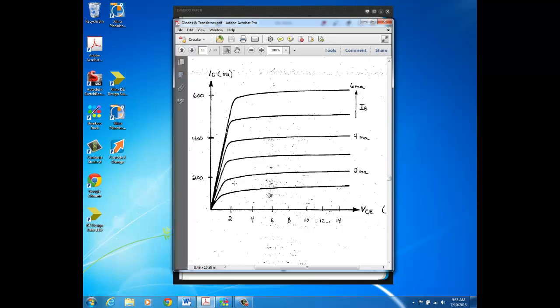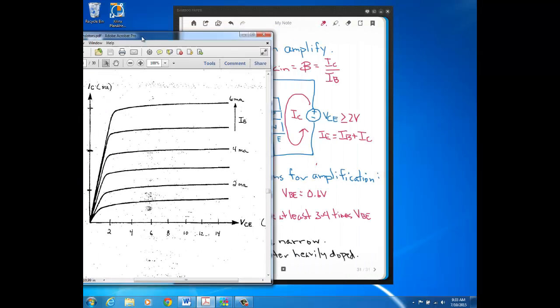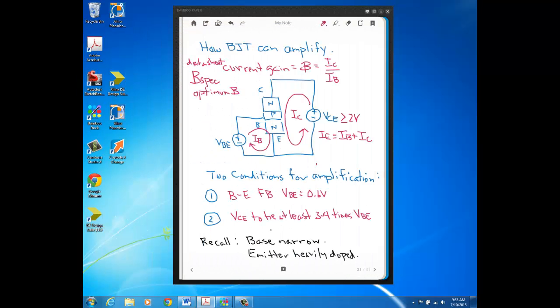Now, it should make sense to you based on what we talked about earlier why this bend in these curves happens at about 2 volts. Because if you go back to one of our conditions for amplification, the second one, you want VCE to be at least 3 to 4 times VBE. Well, that's to get this collector current to be much greater than this base current.